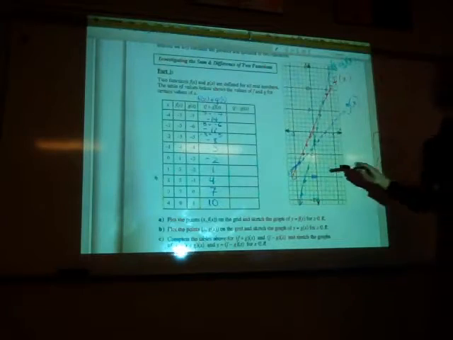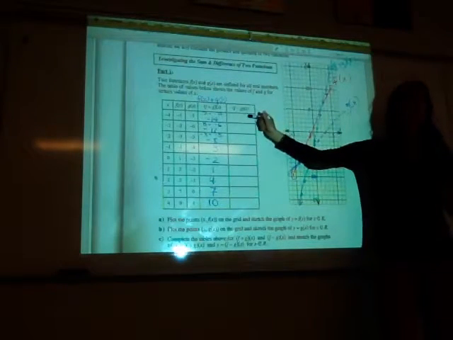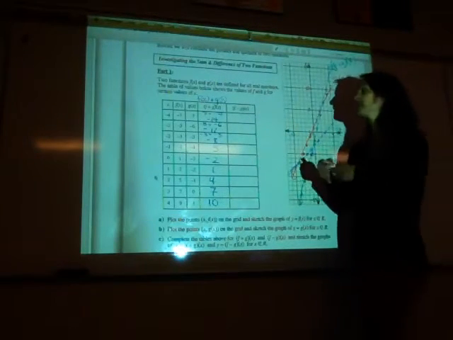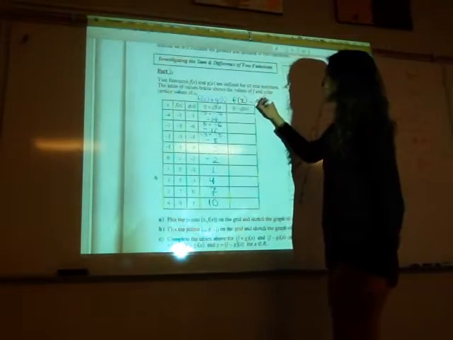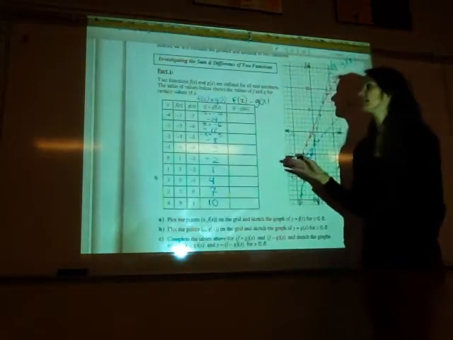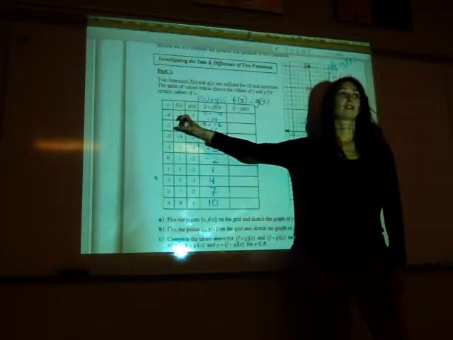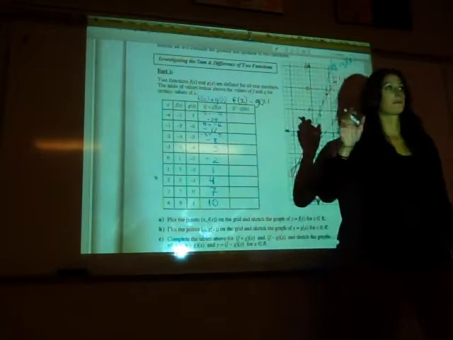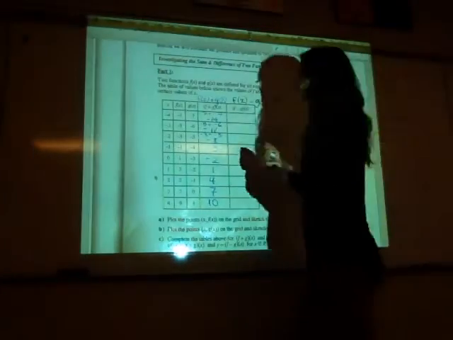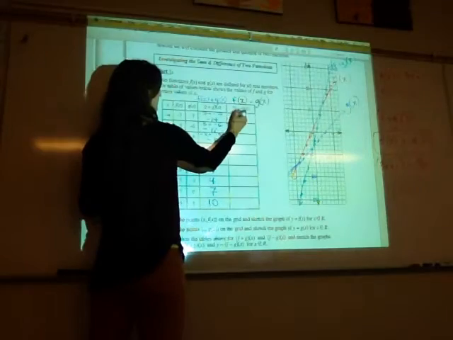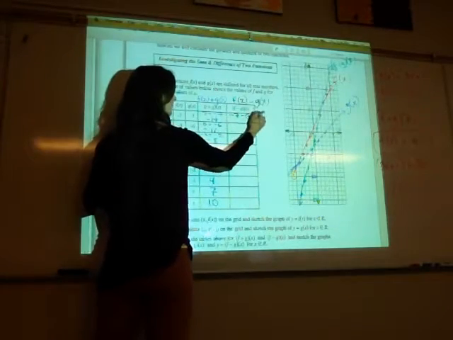If you're ready, you can start to calculate f minus g of x, which is basically stating f of x minus g of x. So you're taking the f coordinate and subtracting the g coordinate. Okay, to do the first one with you, we're going to have -7, subtract a -7.